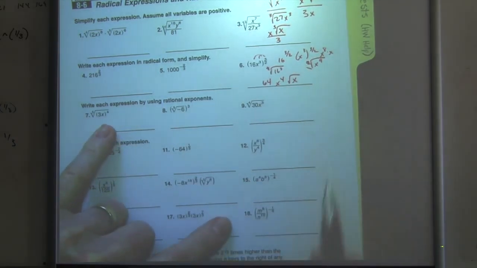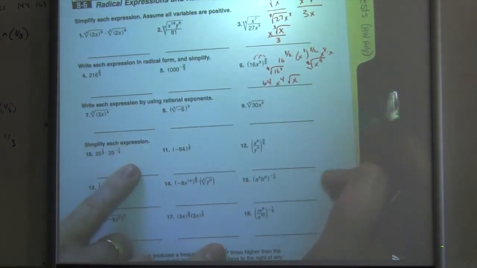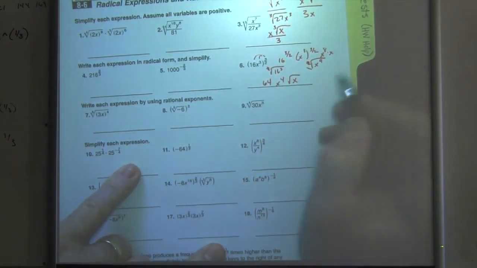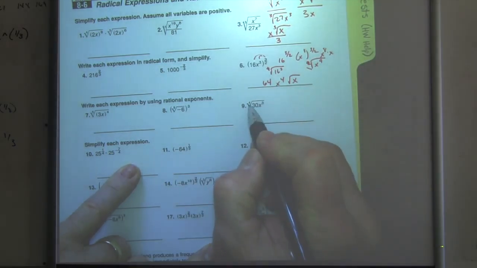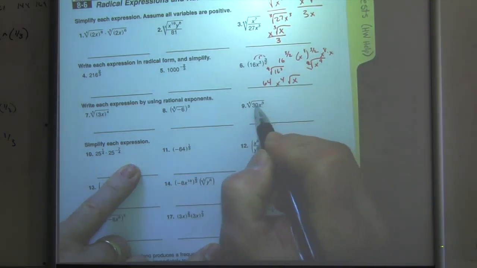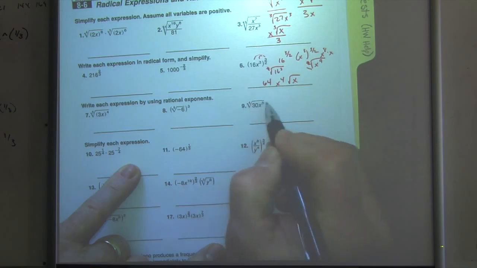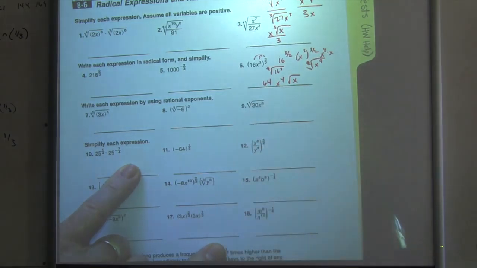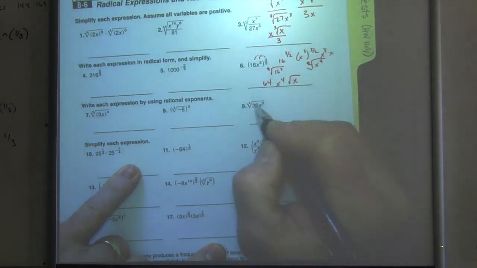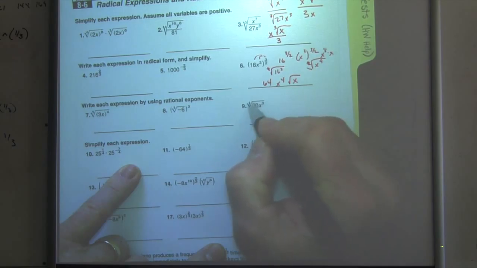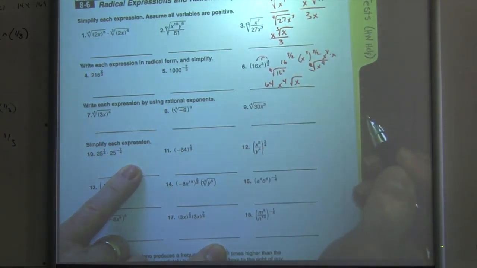On this one, we're supposed to write each expression by using rational exponents. So remember, with rational exponents, the index is the denominator, and the power, or exponent, here is the numerator. But you have to remember this fourth root affects the 30 and the x to the third.